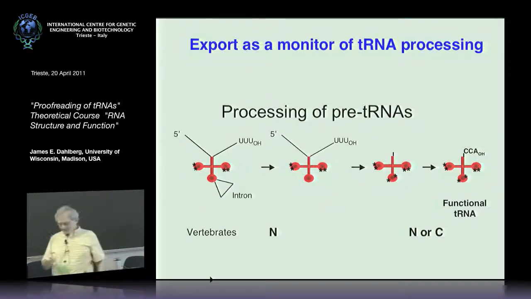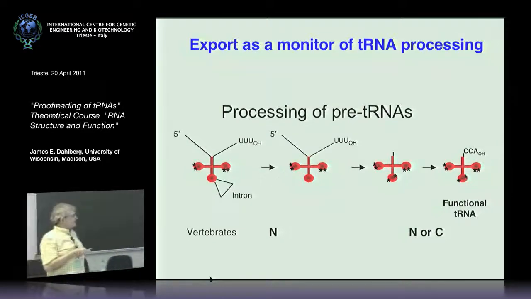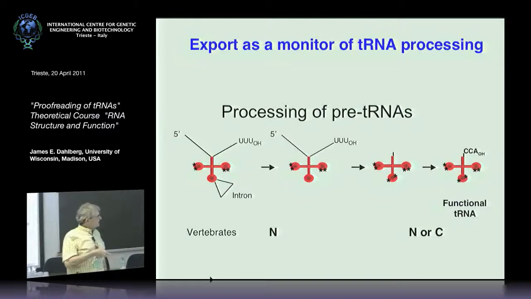And the reason it turns out that it is not the complete story is, as Glauco was telling you, intron removal in yeast is different from intron removal in vertebrates. And what happens in yeast is that the endonuclease that is responsible for removal of the intron is not in the nucleus in yeast, but it's on the outer mitochondrial membrane, which is in the cytoplasm.